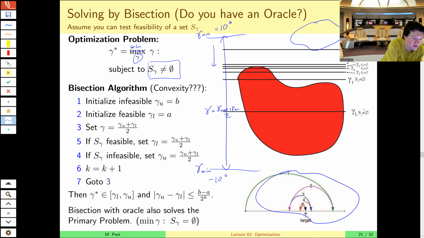The feasible set is not empty, so feasible. Check. Well, then we can adjust our lower bound to gamma min there. And we can bisect again. So now we bisect, let's see, where did I put it here? Gamma 1 here. Here's our next bisection.